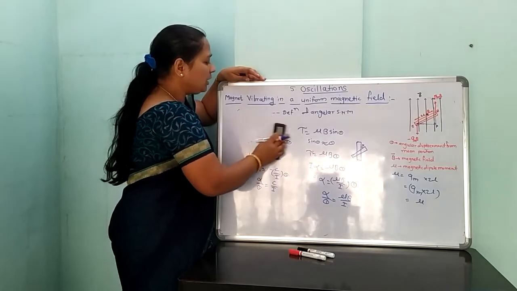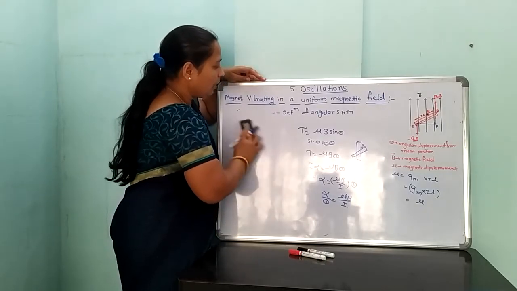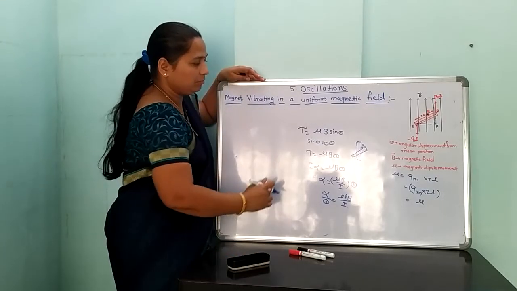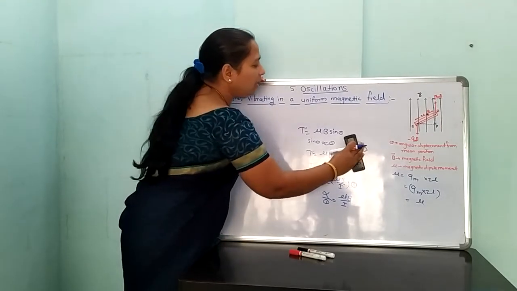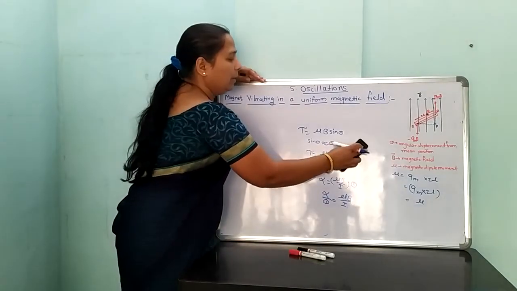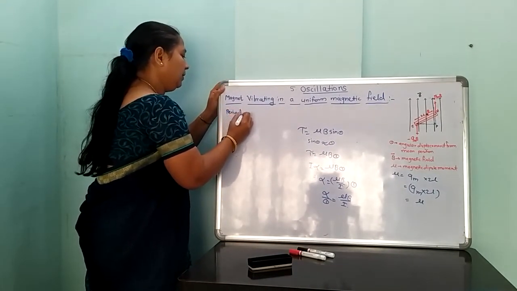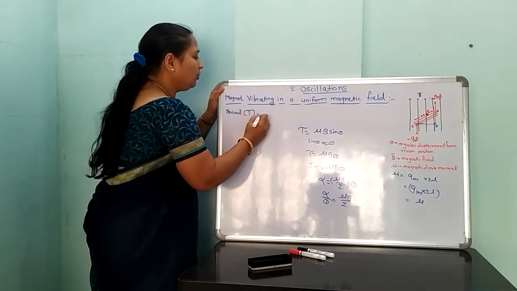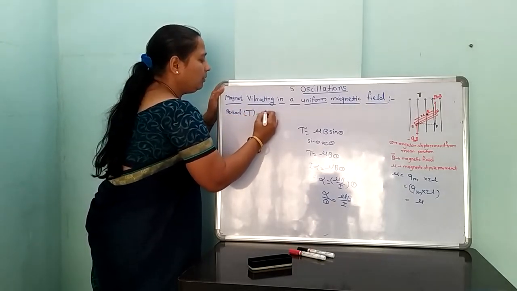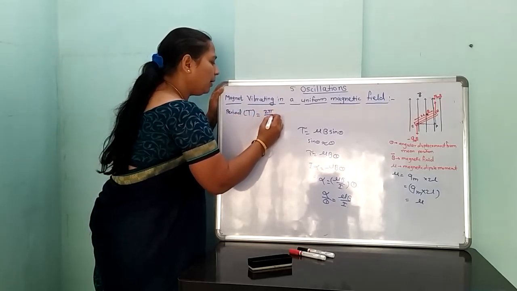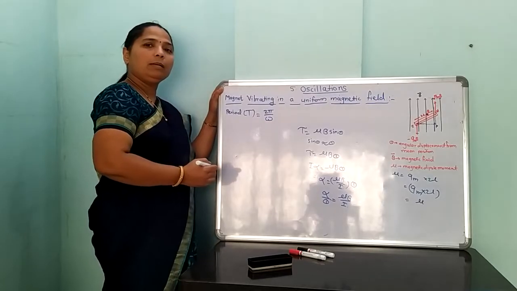Now by using the formula for the period, T is equal to 2 pi upon omega.